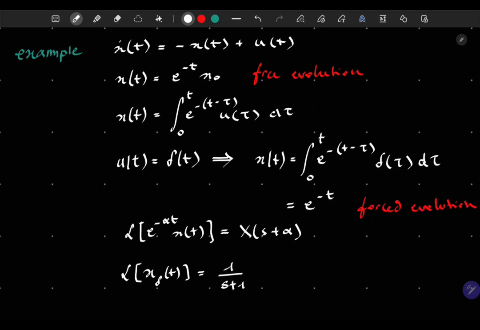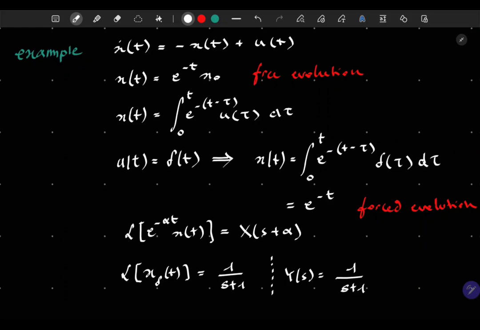But now, what if we take the Laplace transform of our system? Well, we have seen that the Laplace transform is given by y of s equal to C, but in this case we are just looking at the state, so C equals 1, times (s times the identity matrix minus A) to the minus 1, but in this case A is scalar, so s times the identity matrix is just s, and A is minus 1, so minus A is 1, and we have 1 over s plus 1, which is exactly the same term we have just written for the free evolution.